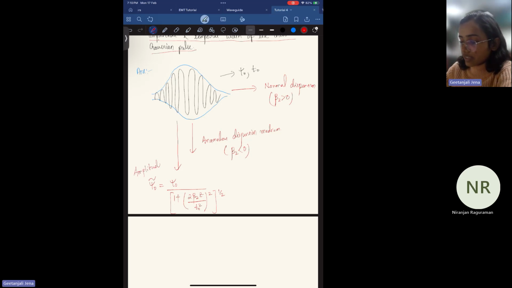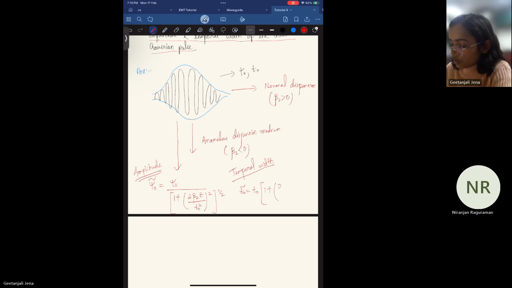And the temporal width T0 tilde is given by T0 times (1 plus 2 beta 2 z over T0 square) to the power half.